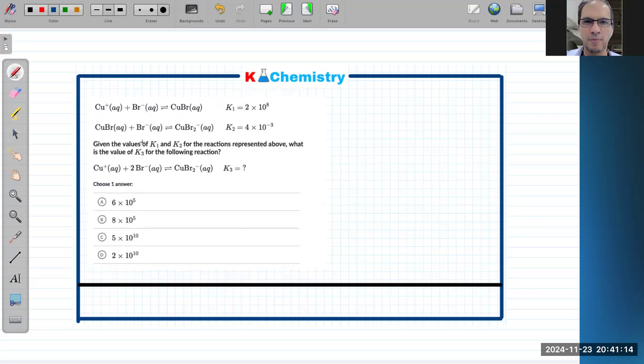Miriam, what do you think I should do for the first equation? Should I leave it as it is, reverse it, or multiply it by a factor? Same equation. So for the first equation, what do I do to it?